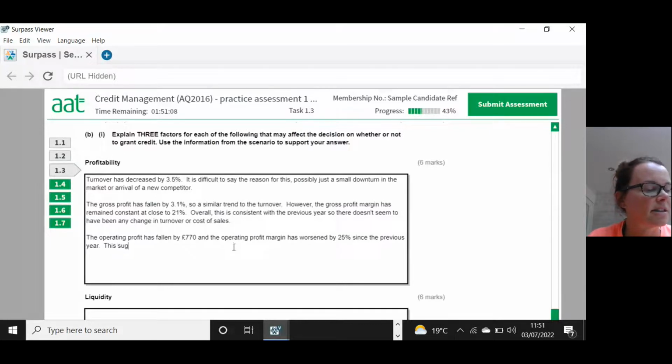So this suggests increased overheads. And let's have a look.